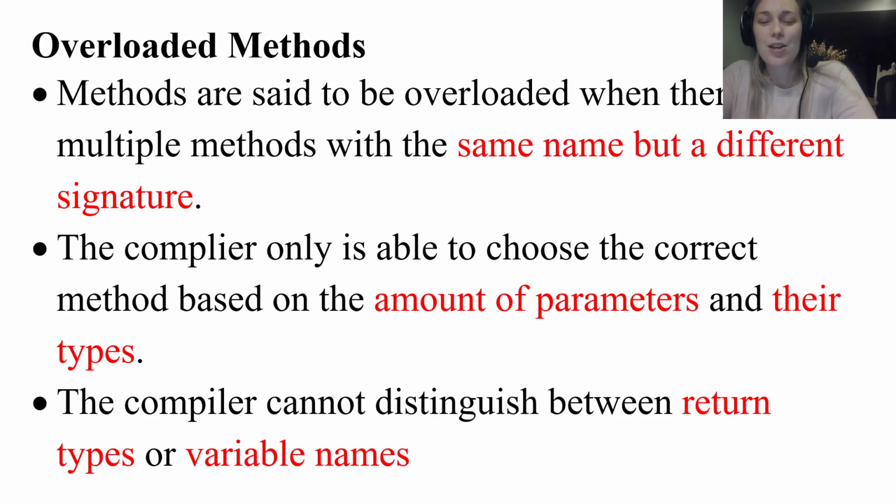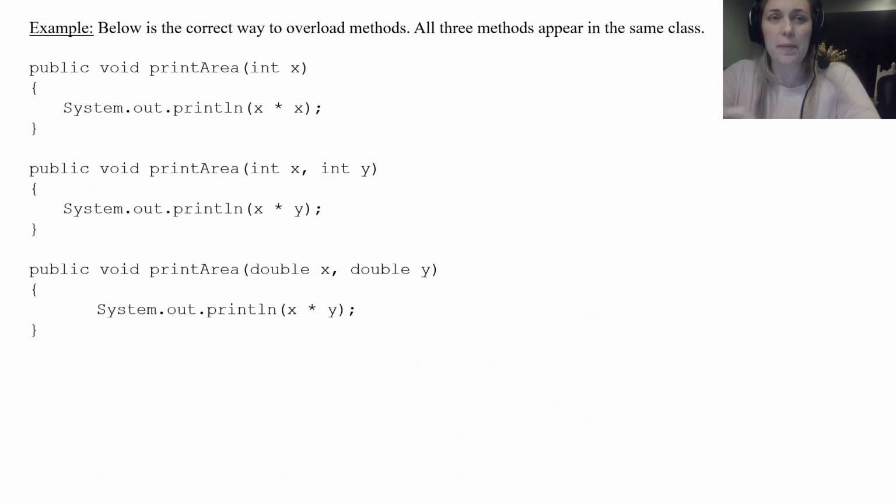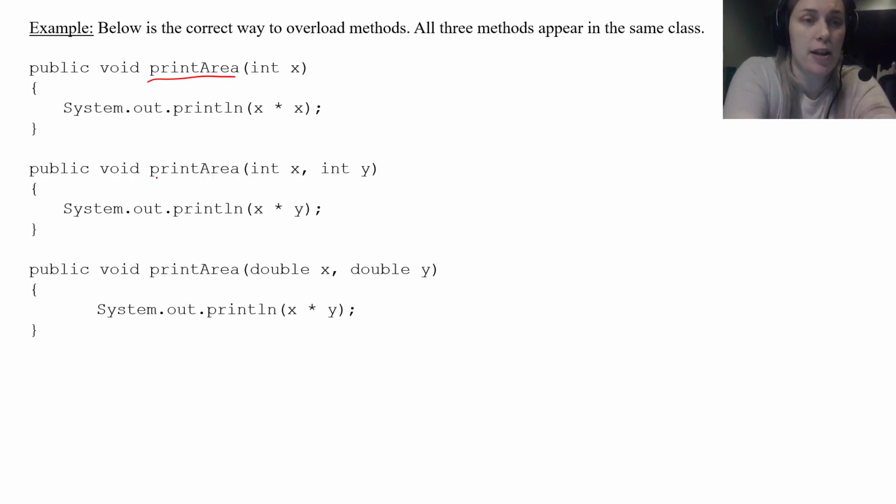Here's an example to make that clear. This is a correct way to overload methods. All three methods appear in the same class. Let's assume it's an object creating class, so there's no keyword static. Public void, all of these methods are called printArea.